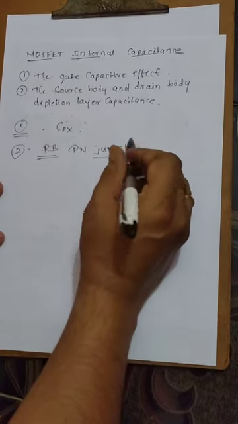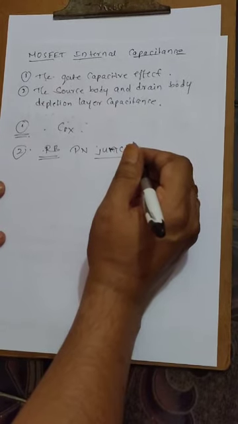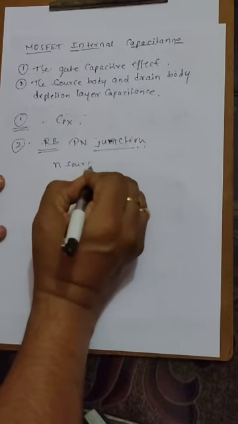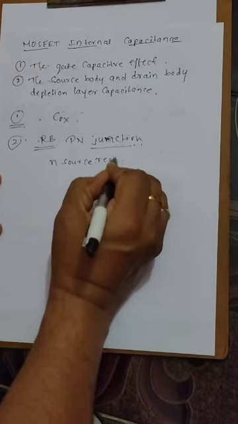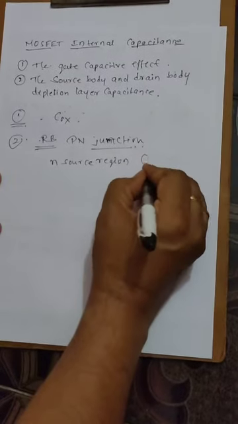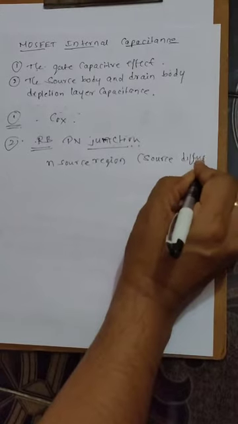The source body and drain body depletion layer capacitance are the capacitance of the reverse biased PN junction formed by the N source region, also called the source diffusion.